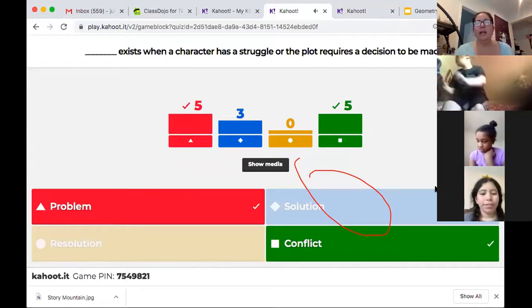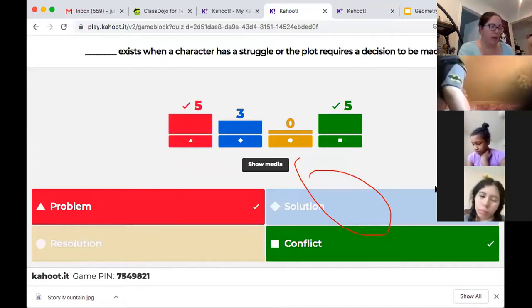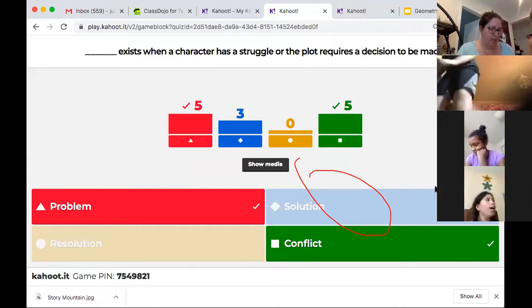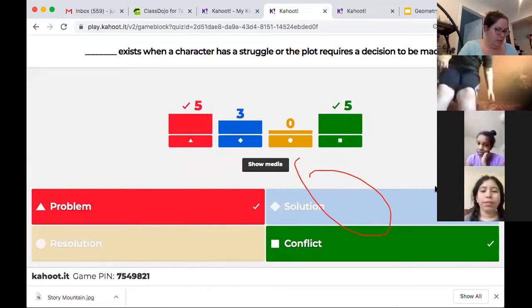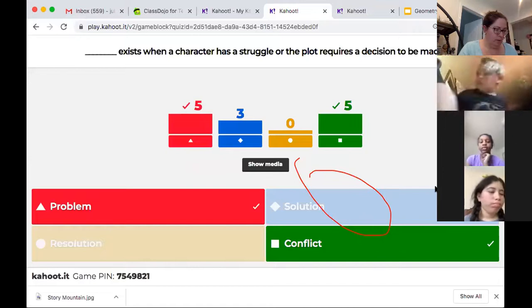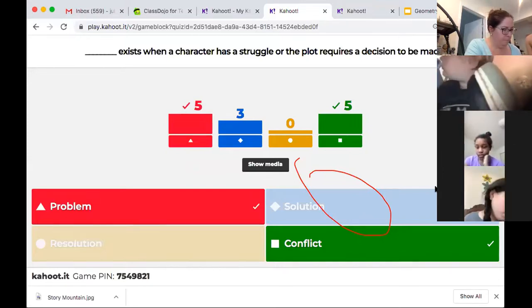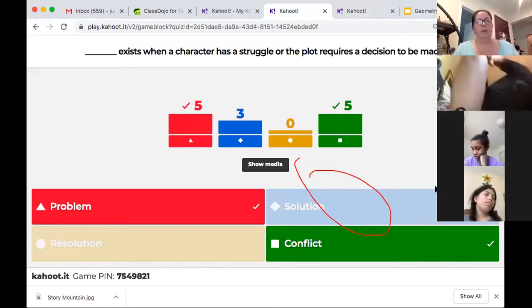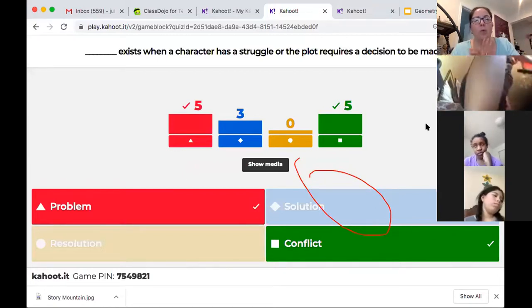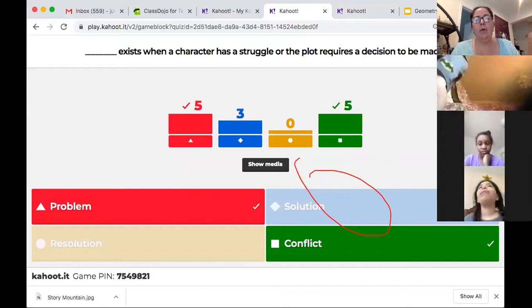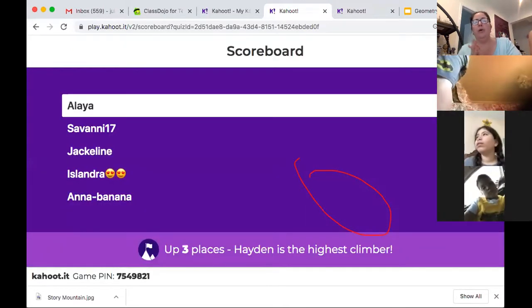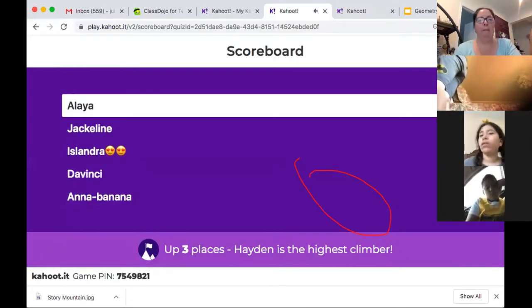Those are words that are synonyms when we're talking about story elements. All right, good. So problem and conflict, those are both synonyms for the story element. Good job, Alea.